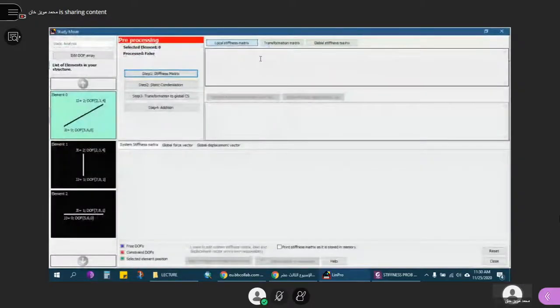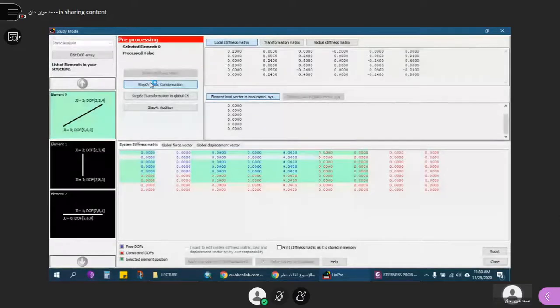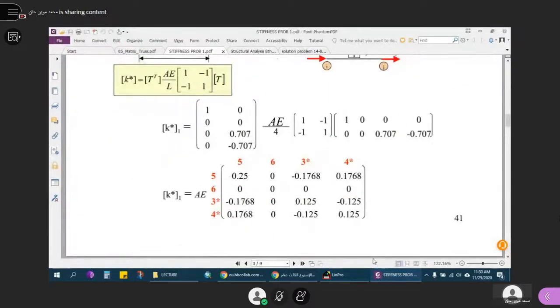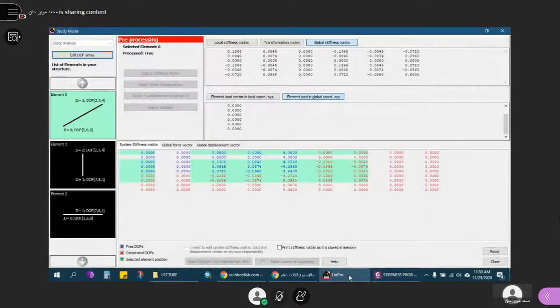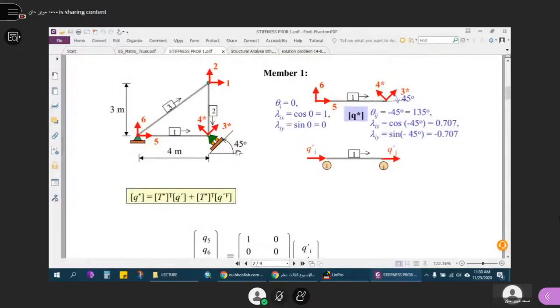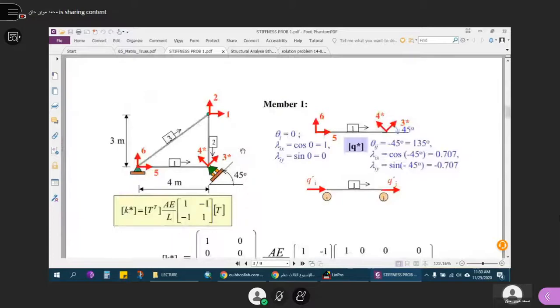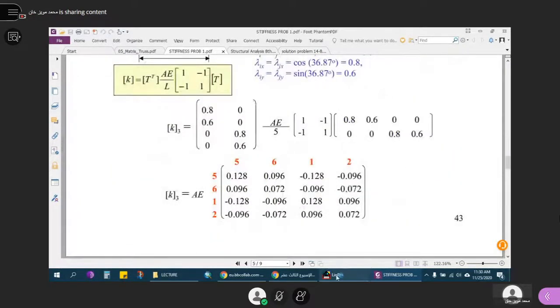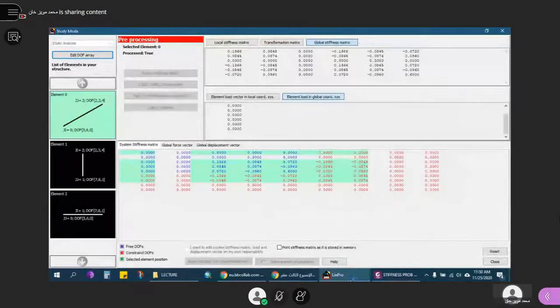Now you see the difference. What is the element 1 over here? So for element 3 you see here. Okay, so this is how you do.